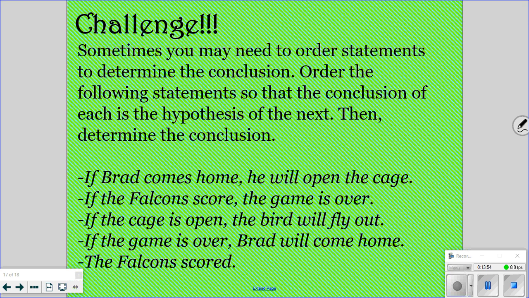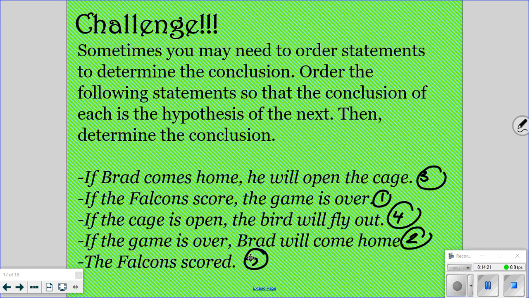So the first one should be, if the Falcons score, the game is over. If the game is over, Brad will come home. If Brad comes home, he will open the cage, and if the cage is open, the bird will fly out. So the conclusion is the Falcons scored. That's the last one that you would do.